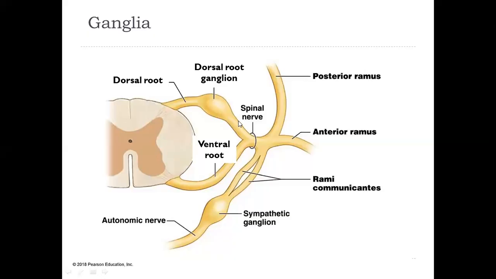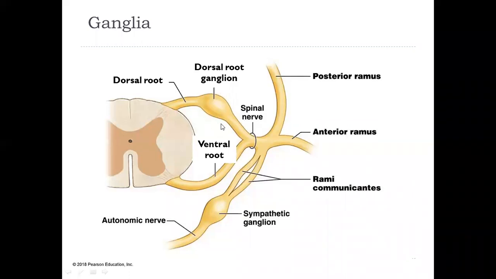The dorsal root and the ventral roots of the spinal nerve will join together to form a single spinal nerve. The spinal nerve will further divide into branches called the rami, the anterior ramus and the posterior ramus. Now you look on the dorsal root, there is a swelling, which is called the dorsal root ganglion.